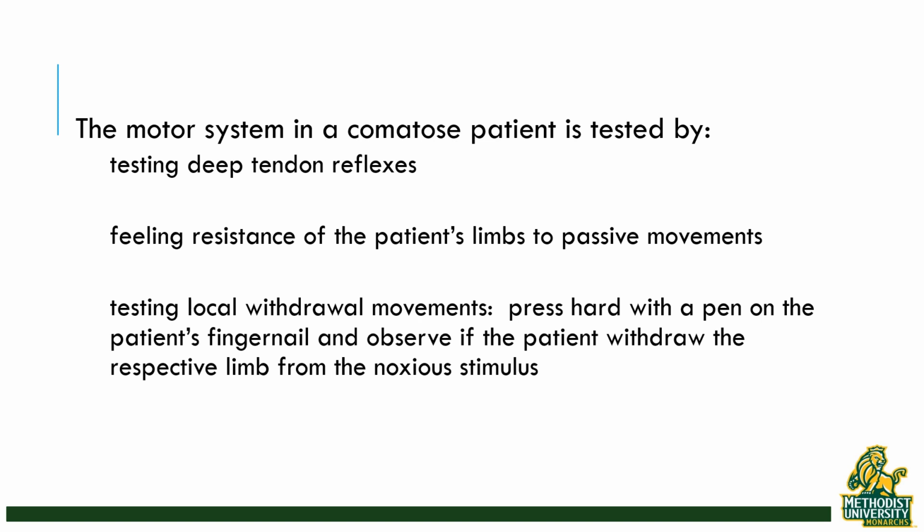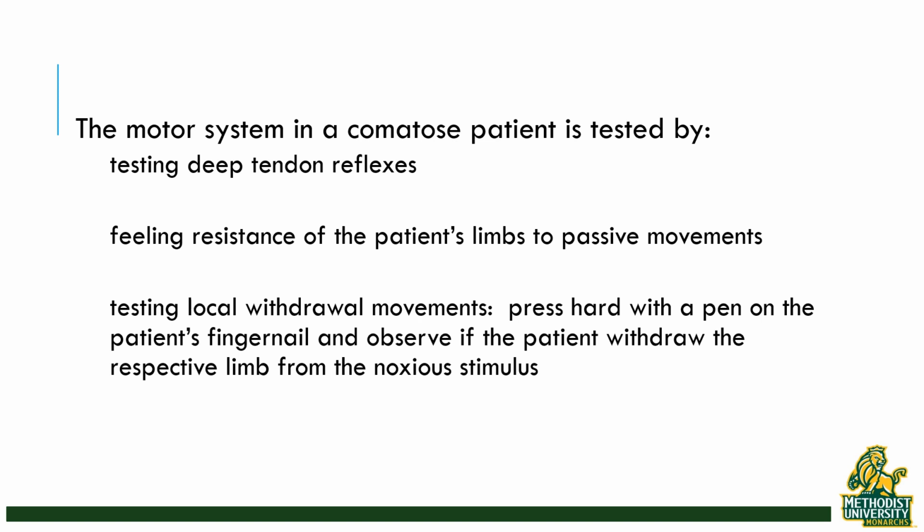We try to test motor function in comatose patients. We can check reflexes. We can check tone by feeling resistance to passive movement. We can check withdrawal from noxious stimuli. So if you cause pain, the patient should try to withdraw their limb.